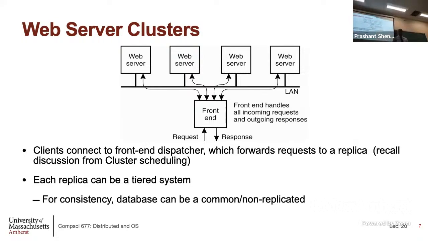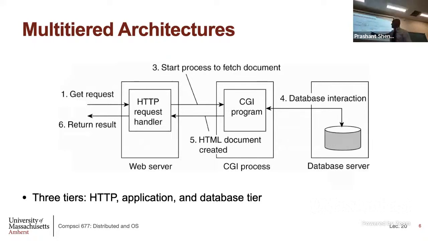So one common approach that is used when you have clustering is to not replicate the database backend. You see that there are multiple tiers here. So one common approach is to not replicate the database backend, so get rid of the consistency problem, and put the database on a large enough server so that you can handle the load on one machine.